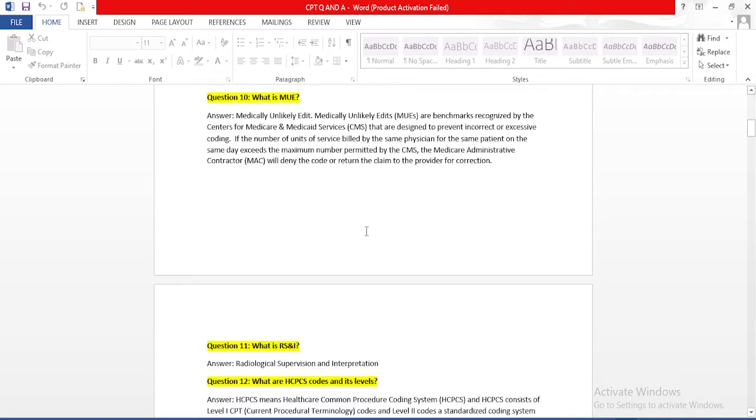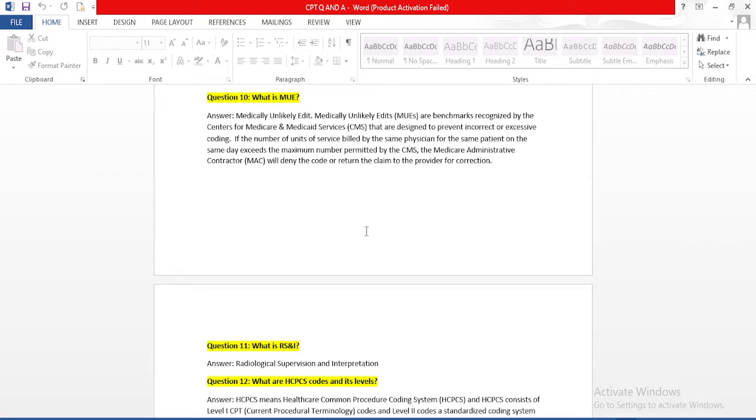Next one, what is MUE? MUE means medically unlikely edit. Medically unlikely edits are benchmarks recognized by the CMS that are designed to prevent incorrect or excessive coding.